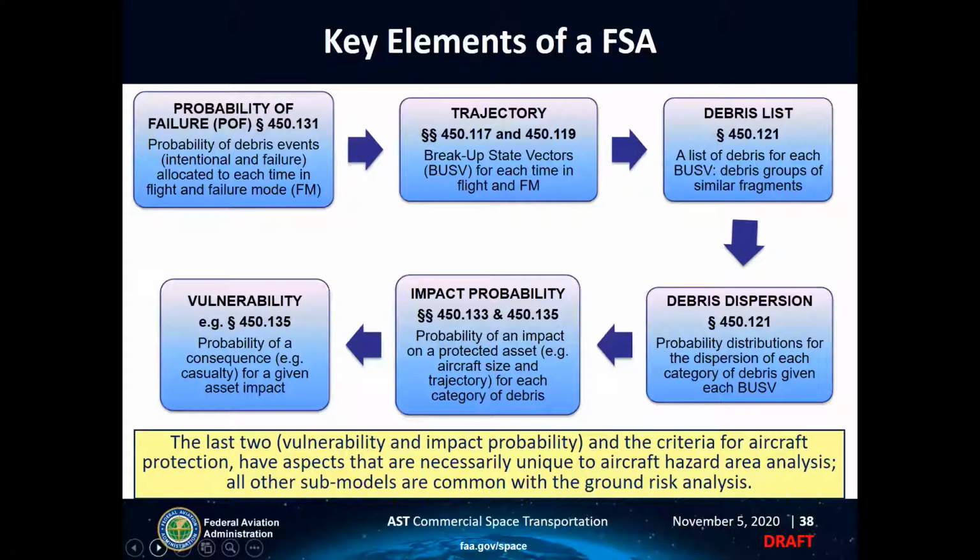So those last two blocks on the lower left, the vulnerability, the impact probability, and the criteria for aircraft protection, have some aspects that are unique to aircraft hazard analyses because, of course, the aircraft's velocity contributes greatly to the nature of any collision. Otherwise, the submodels that are depicted here are common with the ground risk analysis.